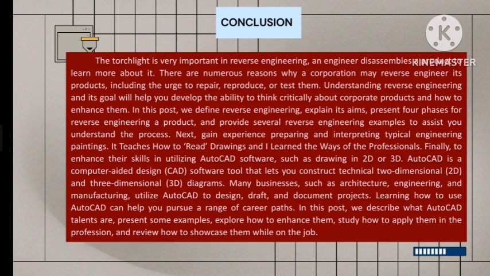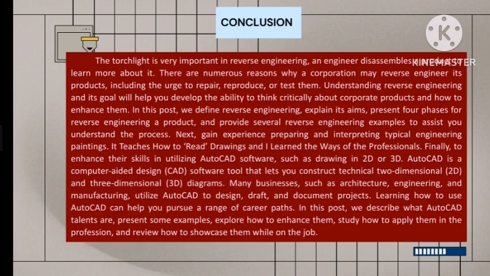An engineer assembles the product to learn more about it. There are numerous reasons why a corporation may reverse engineer its product, including the hope to repair, reproduce, or test them.